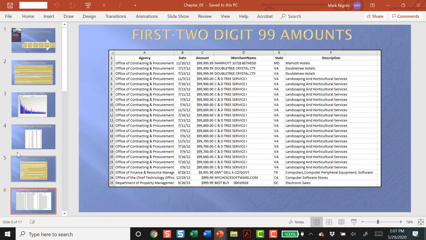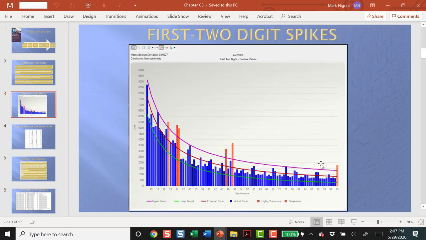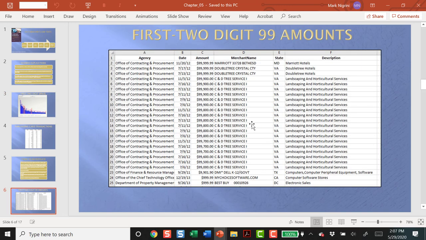Now, if we go back to this example, we see the spike at 99. Numbers that begin with 99 are coming in just below some threshold, and what I did was I extracted the large numbers that begin with 99 in this data set, and this makes for extremely interesting reading because this is a purchasing card.